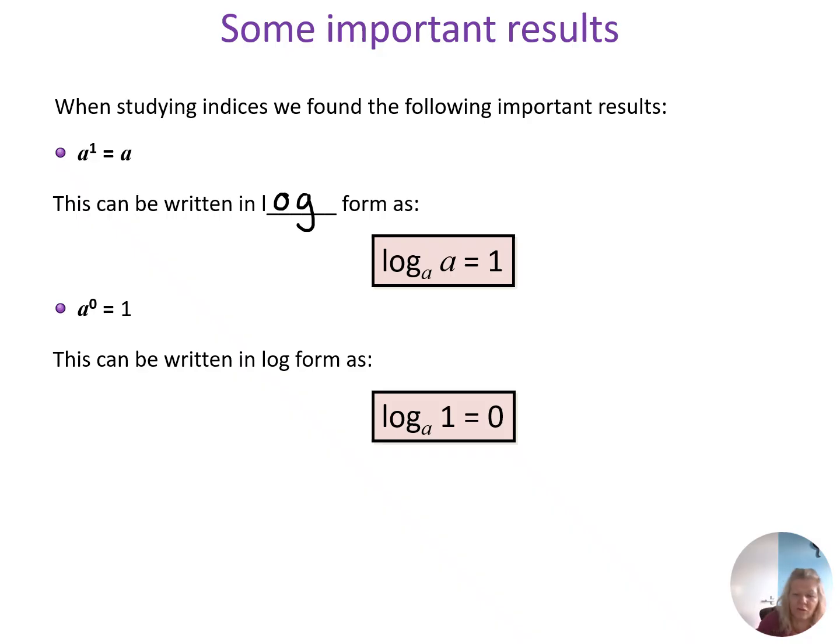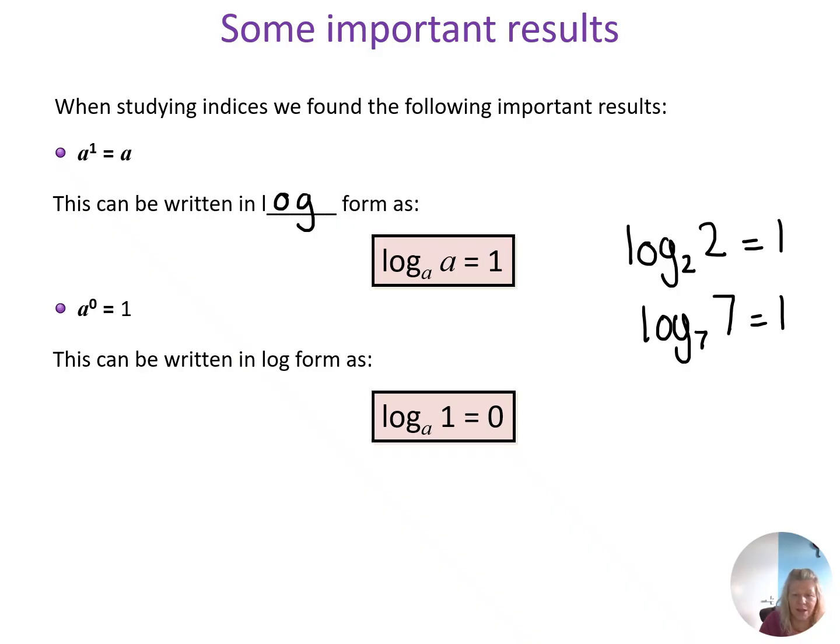So those are two results which are worth bearing in mind. If we had log to the base 2 of 2, then that would be 1. Log to the base 7 of 7 would be 1.